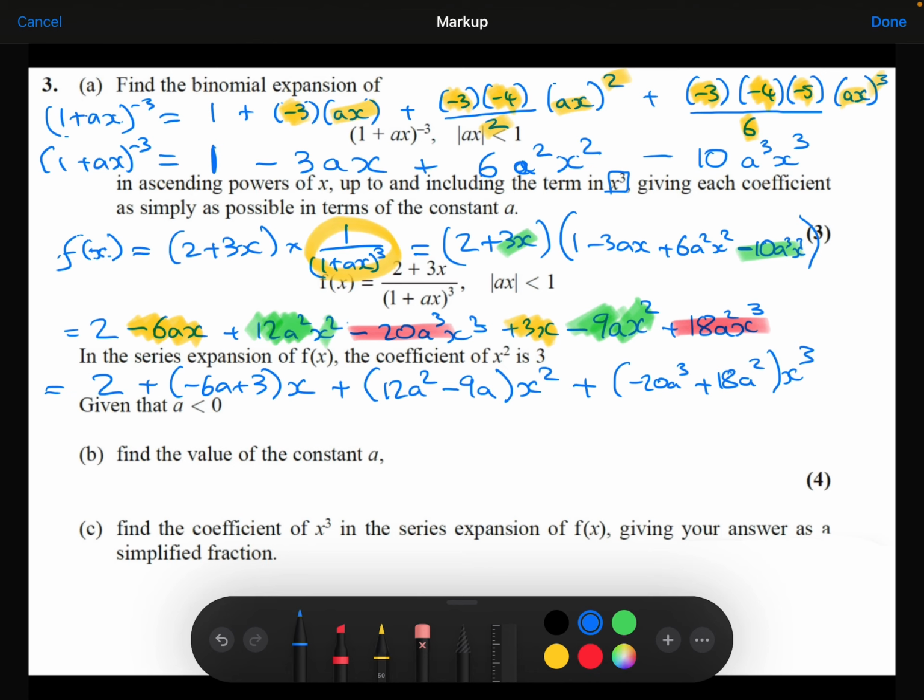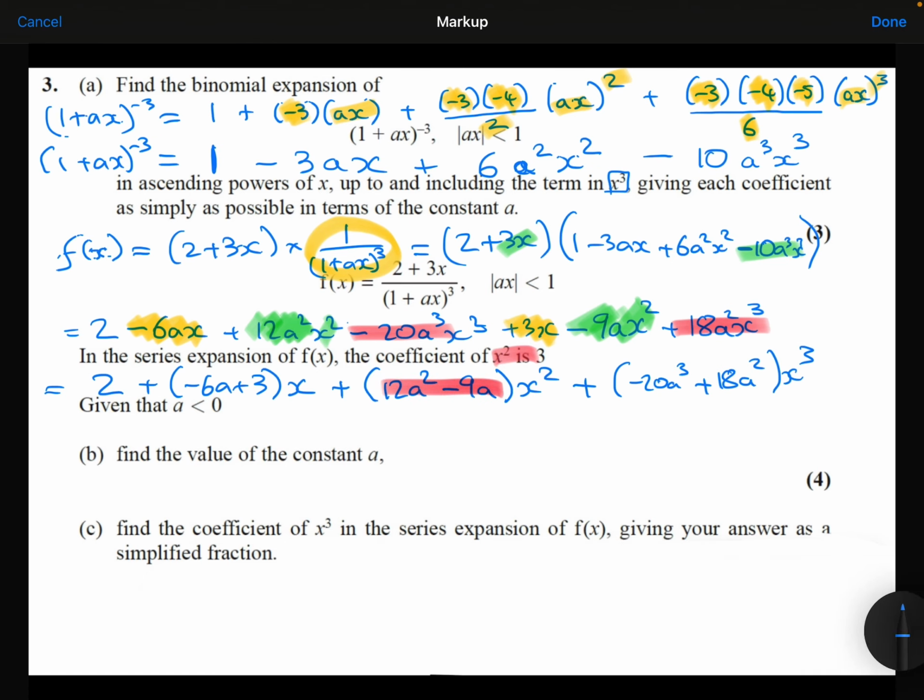Now, the question said that the coefficient of x squared is 3. This is 3. So I can say that 12a squared minus 9a equals 3. Move everything to one side. Divide through by 3.